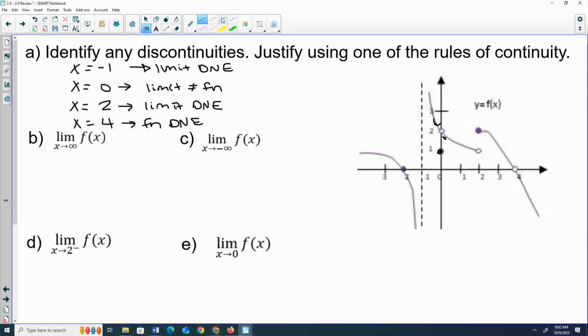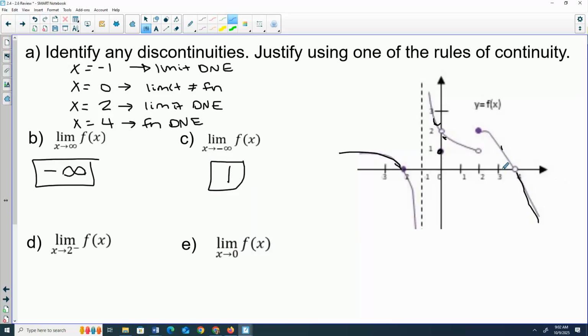Alright, B, the limit as x approaches infinity. So as x is going to positive infinity, where is the y value going? Negative infinity. As x goes to negative infinity, if I continue on my graph this way, what's it look like it's approaching? 1.